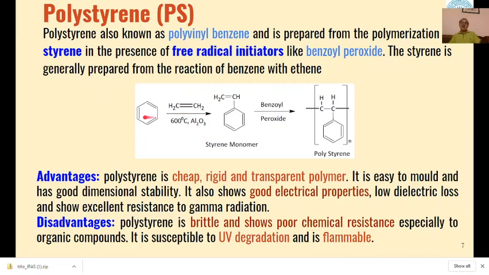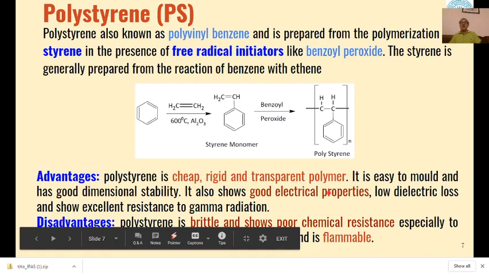When these two are reacted at this high temperature in the presence of aluminum oxide, they are converted into styrene, and this styrene, in the presence of benzoyl peroxide or AIBN, azobisisobutyronitrile, as free radical initiator, is converted into polystyrene through free radical polymerization.